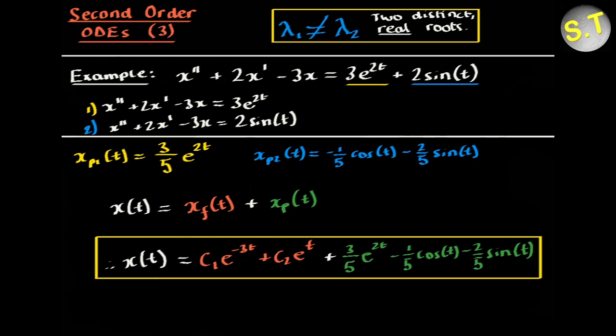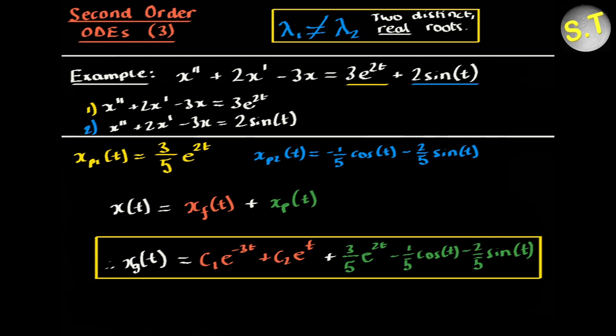And this is known as the general solution, so we can call this x subscript g. However, some of you might notice we still have unknown constants in this equation. So like I said at the start of the video, there are 4 steps, and so far we found our fundamental solution, which we found in the previous video. We found our particular solution, which we found in this video.